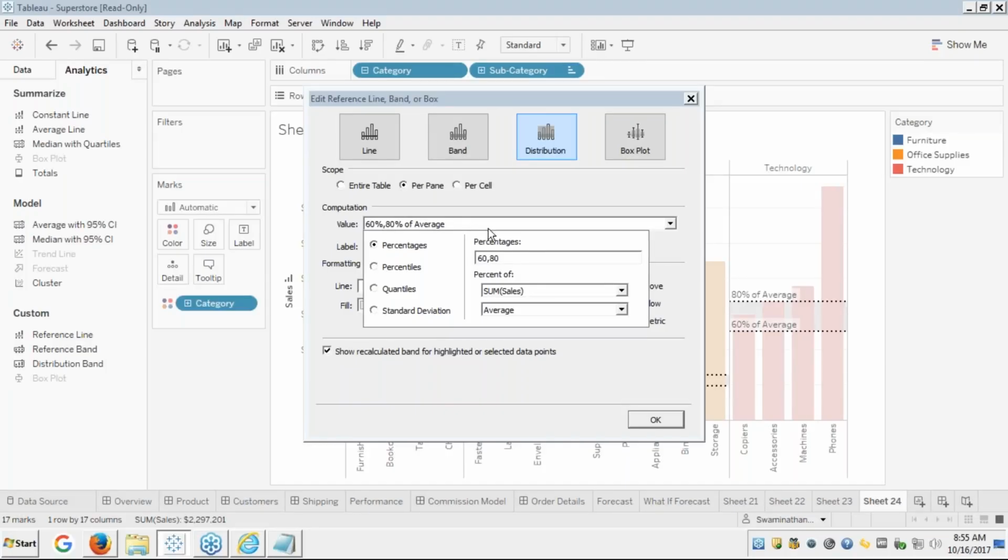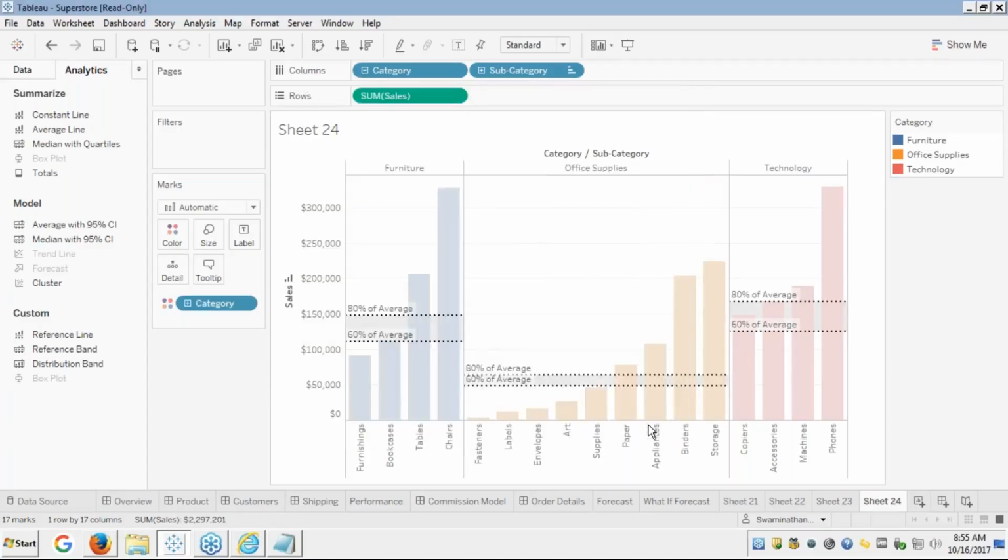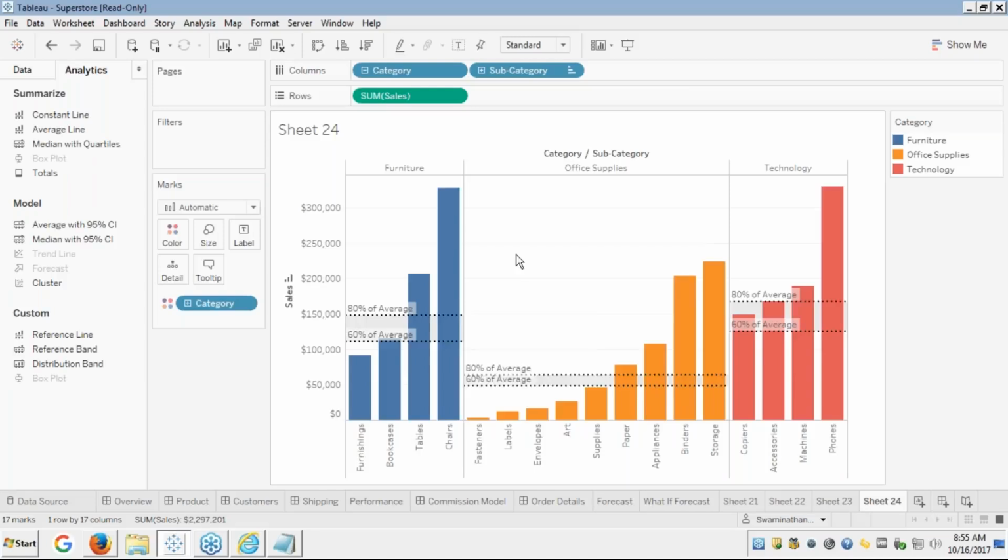So on a base of 100%, I ask it to display the items between 60 and 80% of my average. What are the items that have reached 60 to 80% of my average? Can you see, I'm able to see my 60% of my average is going to be this. So bookcases, tables and chairs, and 80% of average is like 148,400, that is tables and chairs.